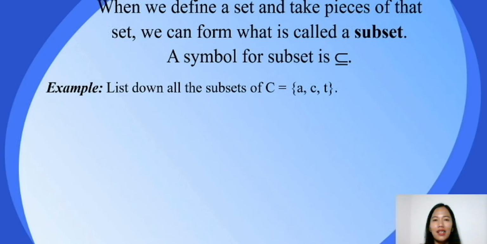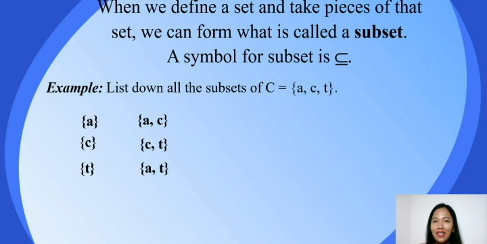To start listing the subsets of this given set, let us first take one element at a time. So we have A, C, and T. So these are the first three subsets of set C. And now, let us take two elements at a time. We have AC, CT, and AT.